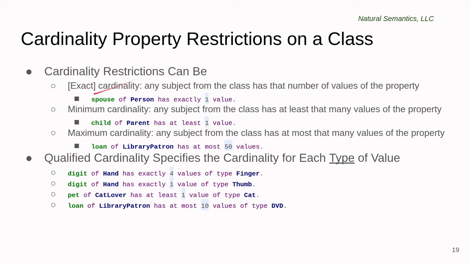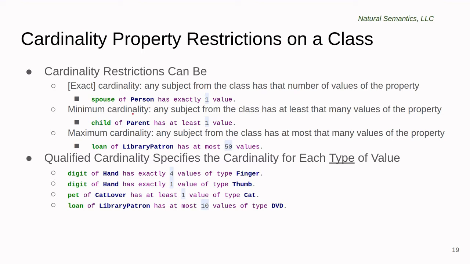Cardinality restrictions can be exact cardinality, which usually we just refer to as cardinality, and that says that any subject from the class has that number of values of the property. For example, spouse of person has exactly one value is stating a cardinality restriction on the spouse property on the class person.